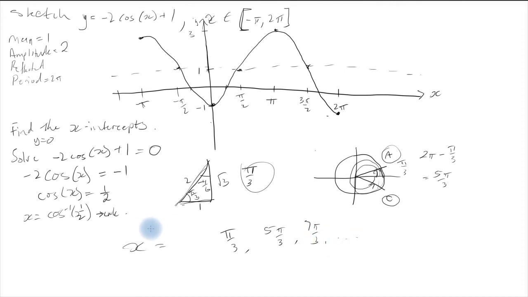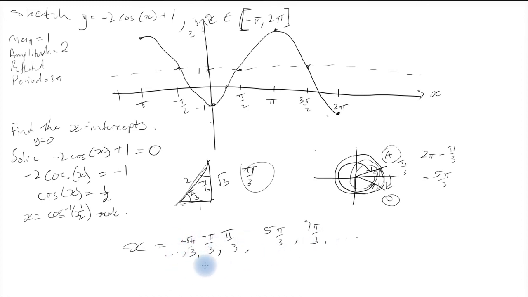I can also go backwards: the first one going backwards is negative pi on 3, and this other one, if I go all the way to here, is negative 5 pi on 3. I can keep going backwards if I need them.